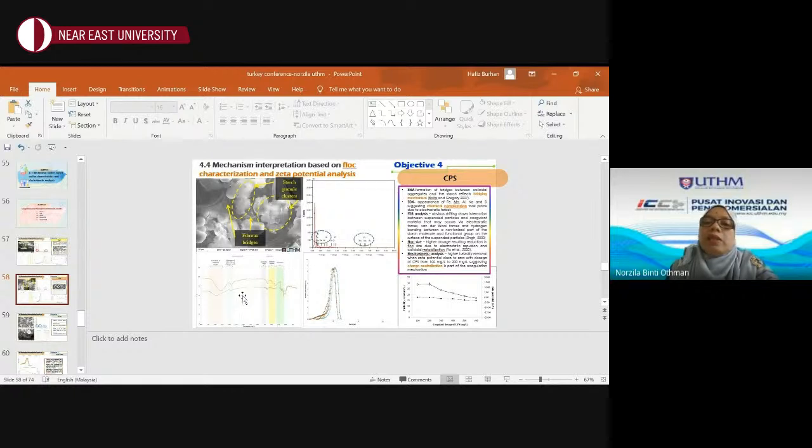The FTIR analysis also shows shifting due to the interaction between the suspended particles and the coagulant material. For the floc size, a higher dosage results in a reduction in floc size due to electrostatic repulsion. For electrokinetic analysis, higher turbidity removal occurs when the zeta potential is close to zero.